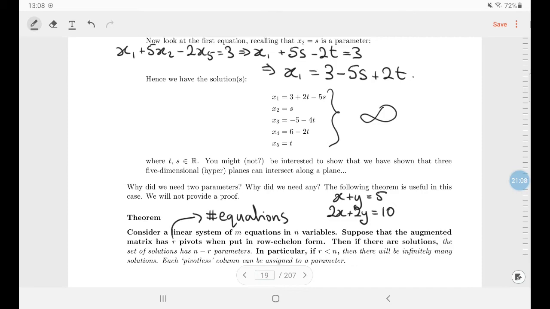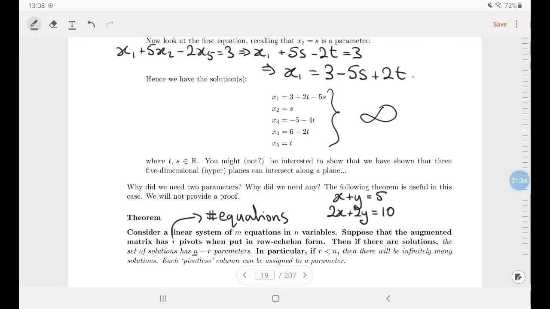Okay, if there are solutions, so you have to check first whether there are solutions, then the gap between the number of variables, which is n, and the number of equations is the number of parameters. That goes back to the truss systems. When there are loads of variables but not enough equations, you do not have enough information to find the values of all the forces.